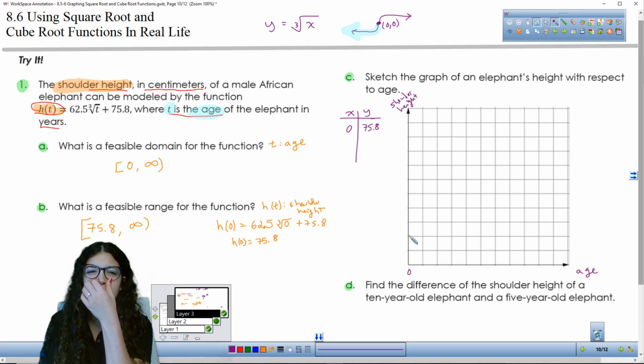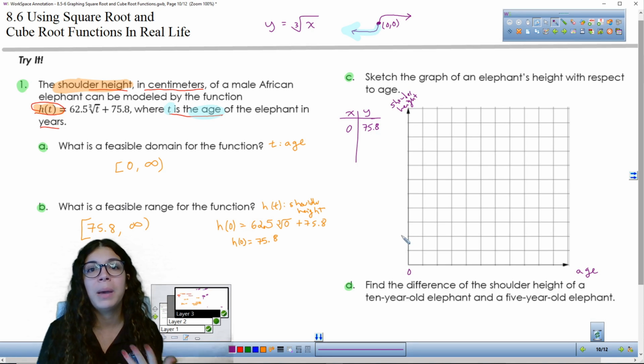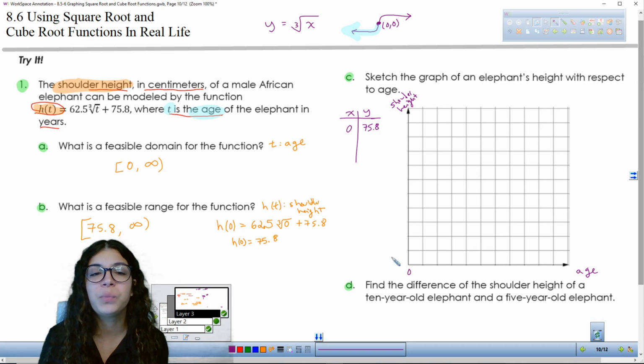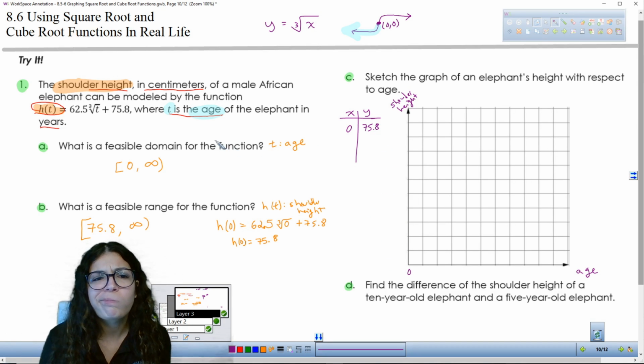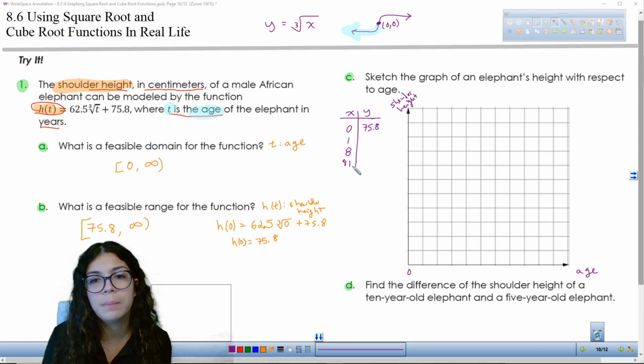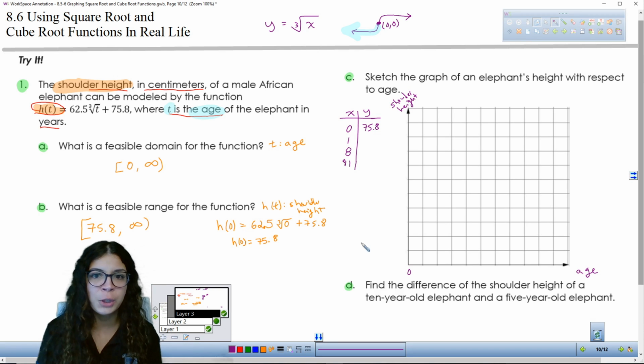So you can pick any x value to plug into the function to find the output. I'm going to have to take the cube root of that input. So let's go with 1 for the first cube root, and then let's go with 8. And let's do one more. I believe 81 is the next perfect cube.